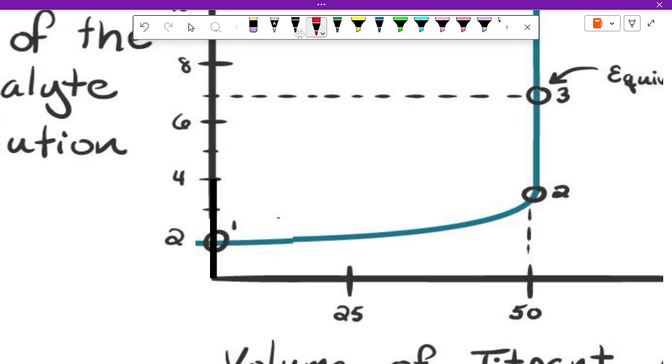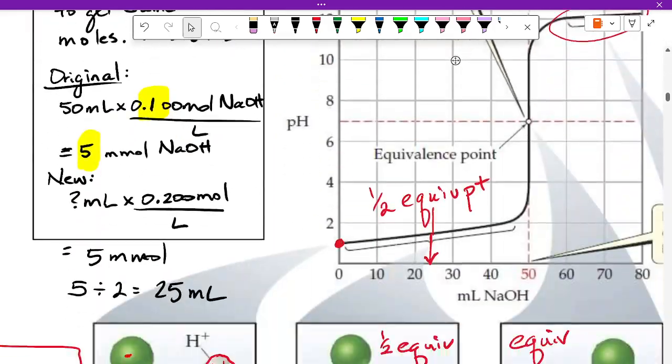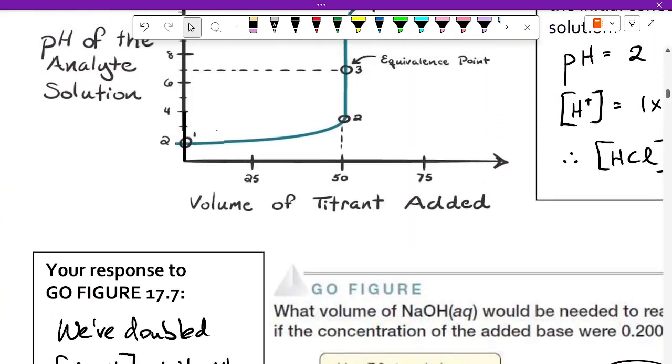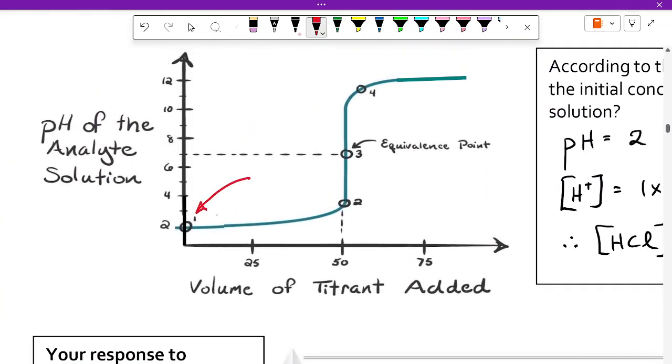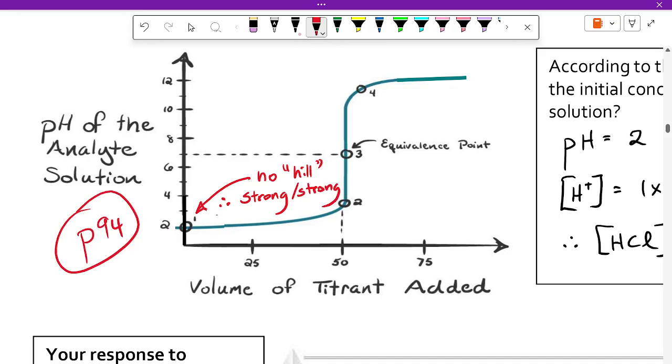If you have no hill, so this is on page 94, no hill, therefore strong, strong. Page 94, pH equals 7, therefore strong, strong.